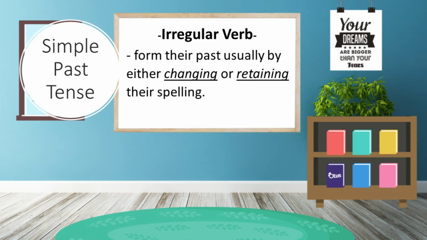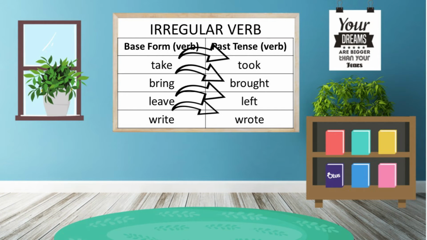This time, we have the irregular verb. Irregular verbs form their past usually either by changing or retaining their spelling. Let's take a look at the different examples under irregular verb. The first column is the base form of the verb, while the second column is the past tense of the verb.